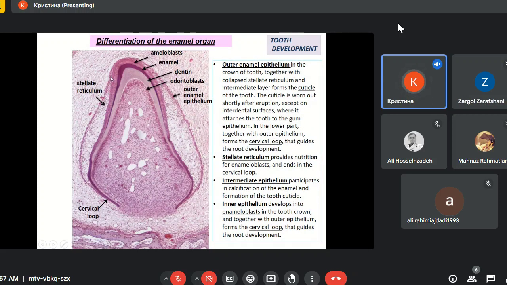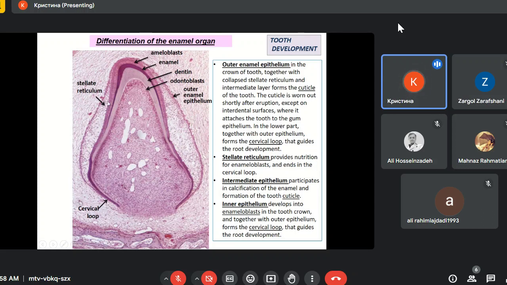Outer enamel epithelium, together with collapsed stellate reticulum, will form the cuticle of the tooth in the region of the crown. And in the region of the forming root, the outer enamel epithelium meets inner enamel epithelium to form the cervical loop, which will guide the root development.